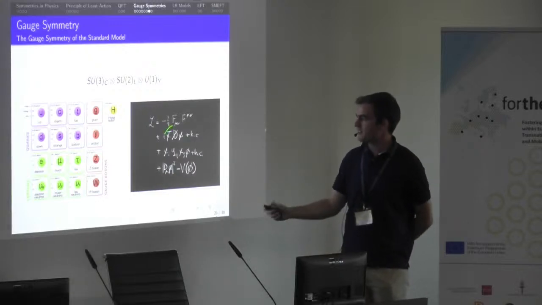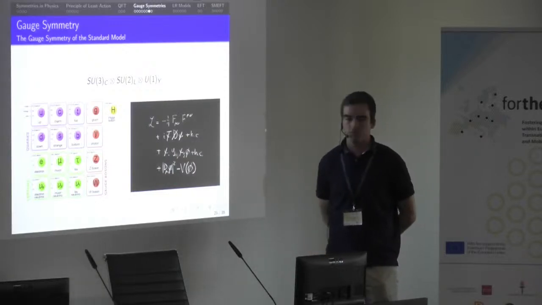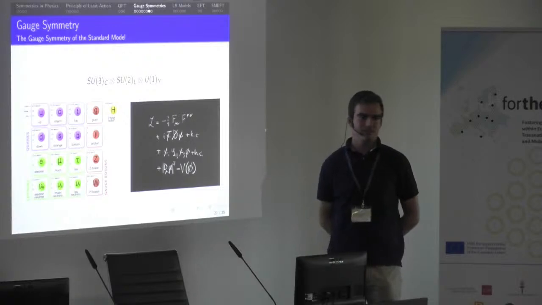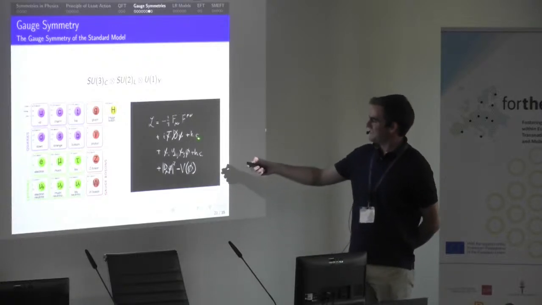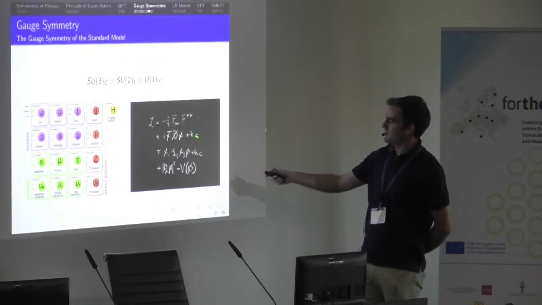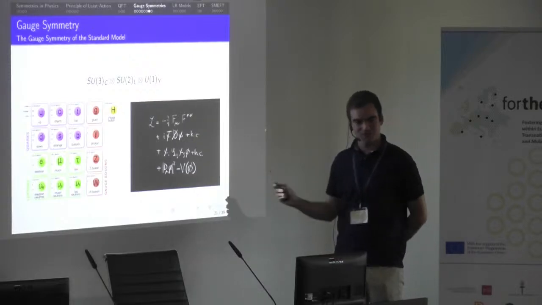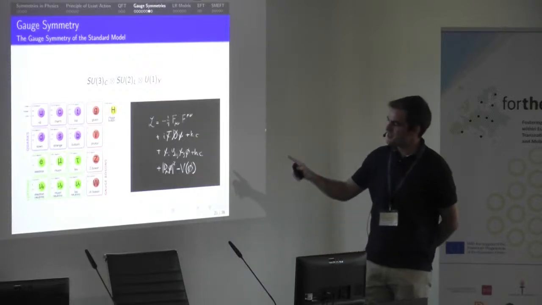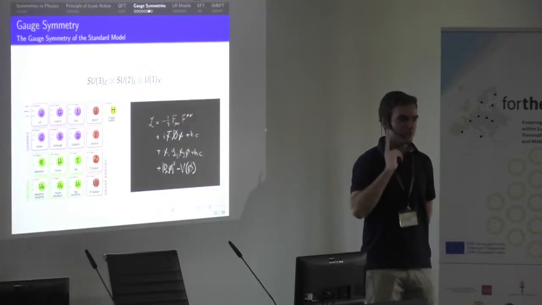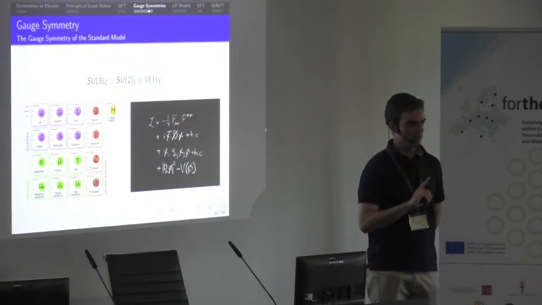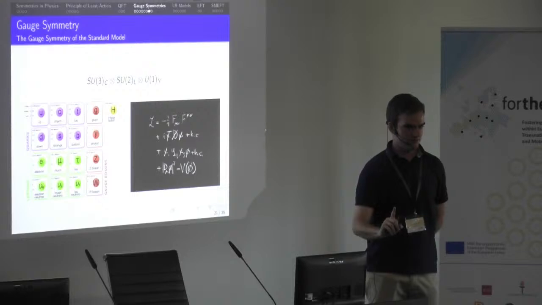And this thing here is the standard model Lagrangian, right? No, it isn't. First of all, this term shouldn't be here. I don't know why, but it shouldn't be here. And these are the ingredients to construct the standard model Lagrangian.